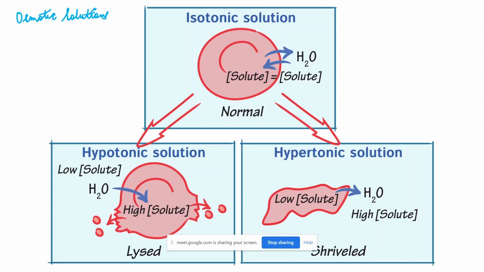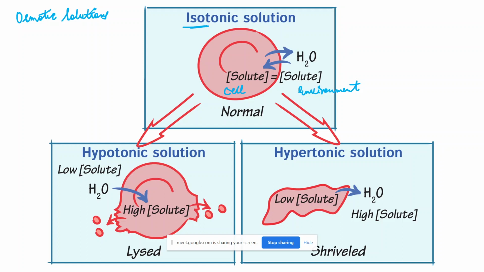As the name suggests, iso means something which is balanced. So here the solute concentration inside your cell will be the same as the solute concentration outside in the environment.